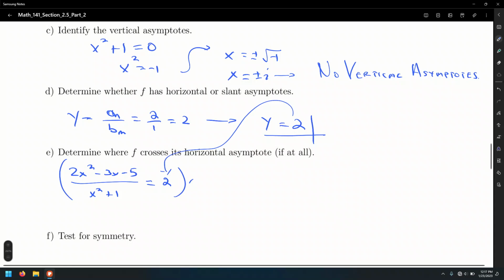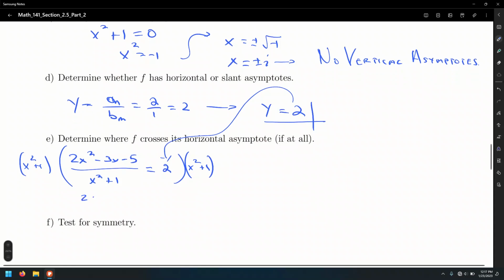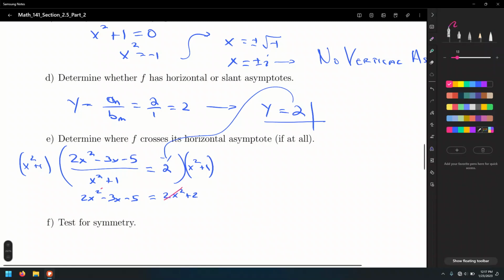So let's multiply both sides by x squared plus 1 to turn this rational equation into a polynomial equation that we can solve a lot more easily. That's going to lead us to 2x² - 3x - 5 = 2x² + 2. And the good thing, check how the square terms get canceled, because they show on both sides, which is going to be great, because in the end we will have to deal only with a linear equation and not a quadratic equation.